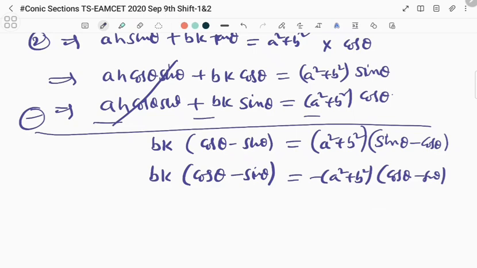So these values we can take this side, cos theta minus sin theta. So bk plus a square plus b square into cos theta minus sin theta is equal to 0.